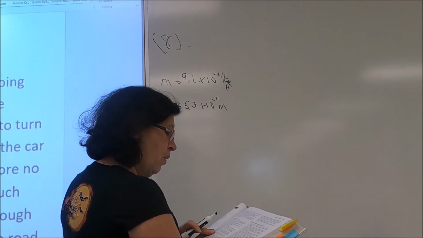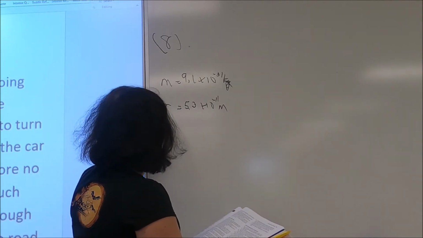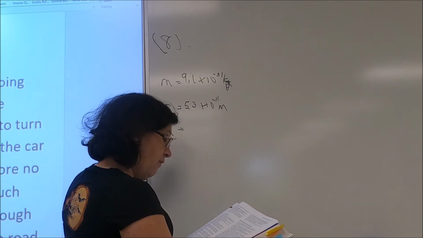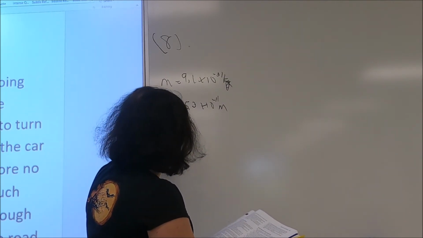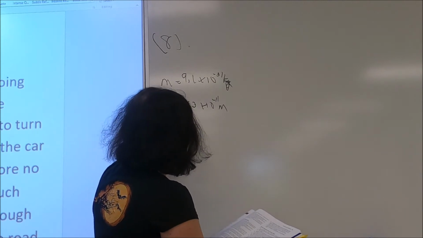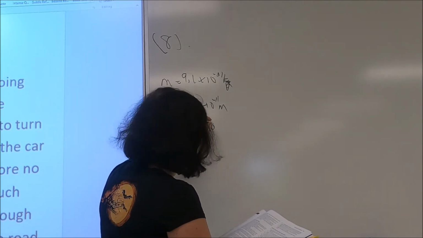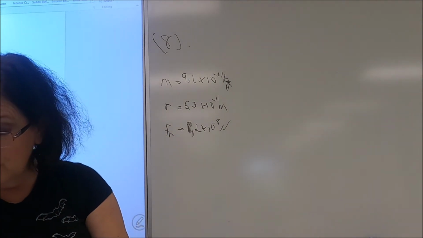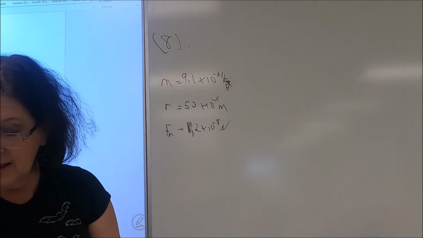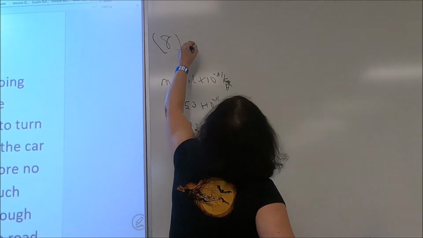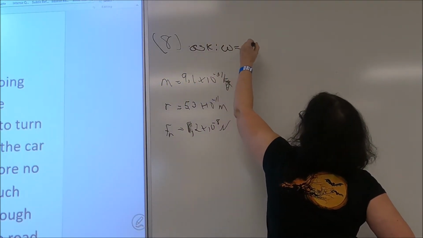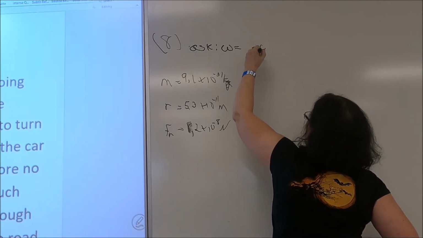And the proton pulls on the electron with a force of 8.2 times 10 to the minus 8 newtons. It says, how many revolutions per second does the electron make? So what we're asked is to find omega in revolutions per second.